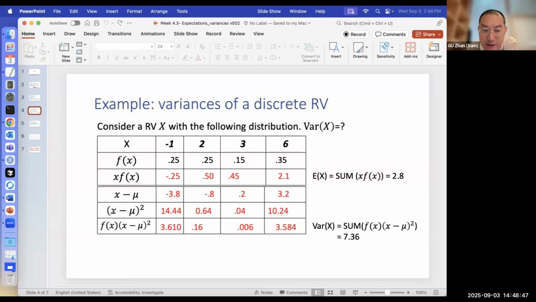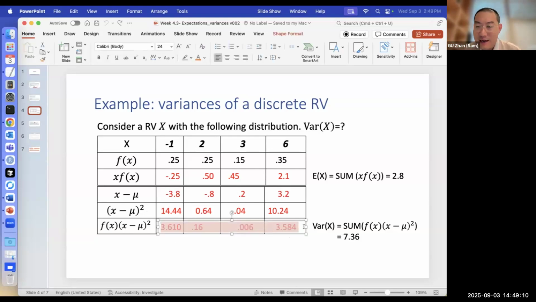Then you multiply these 4 numbers by the corresponding probability f(x), for example 14.44 times 0.25. You get this list of 4 numbers. Then the variance is just the sum of this last row. That's the standard formula for calculating variance.